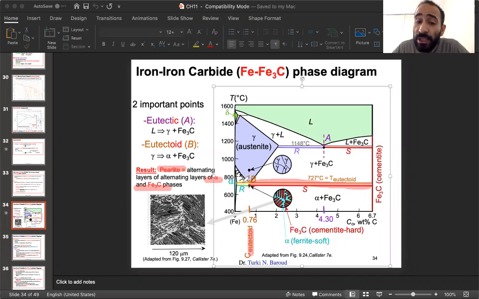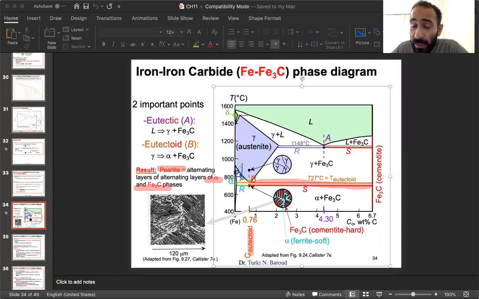If you have hypoeutectoid, that means a composition that is lower than eutectoid, you know what's going to happen: part of the raw material gamma is going to transform to alpha, and that alpha will stay alpha as it is, even if you cool down to room temperature.